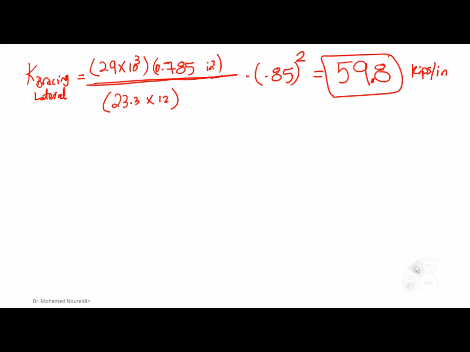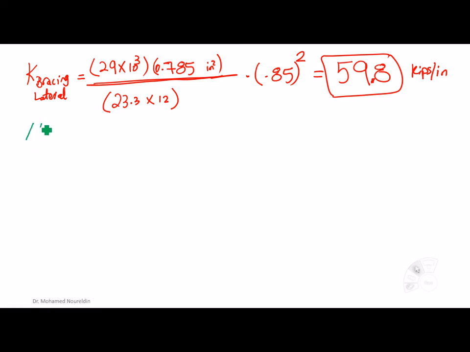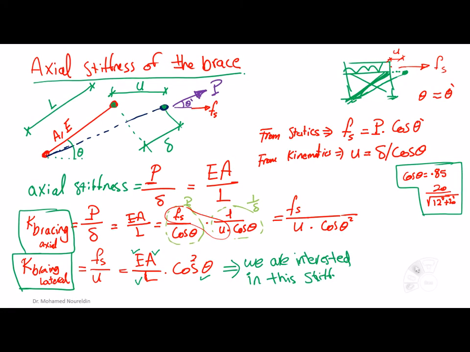So the point is, this is what we are going to have. I want to highlight one note here, which is considered to be suitable to be highlighted, which is the brace in tension will provide the lateral force. Here, in my calculation, I said that if the force is being applied in this direction, then this brace, which is going to be in tension, is going to deform, making this lateral deformation.